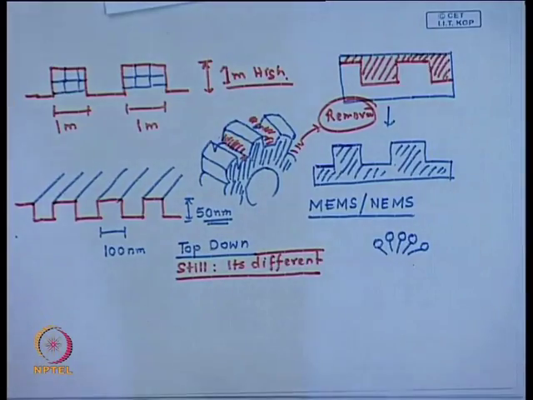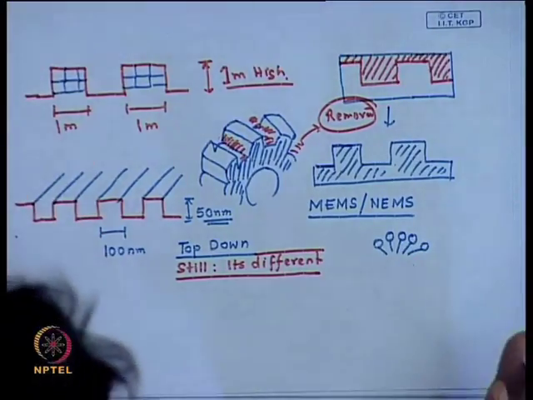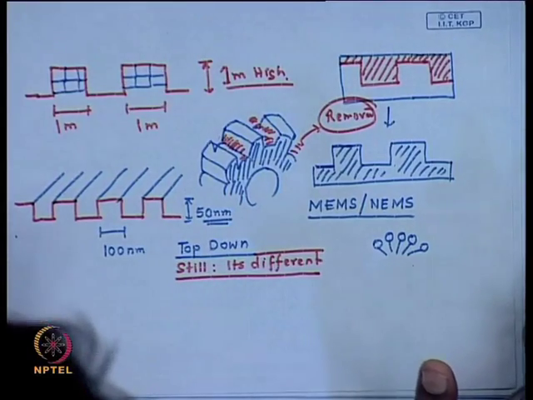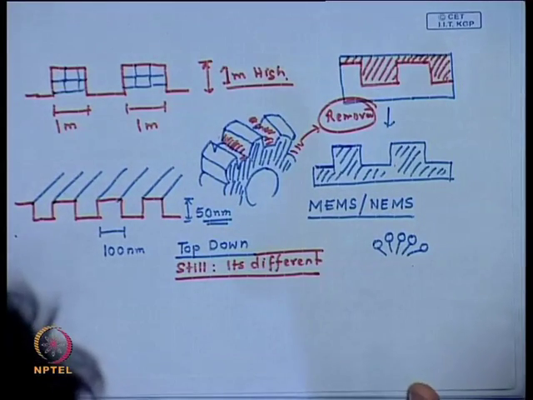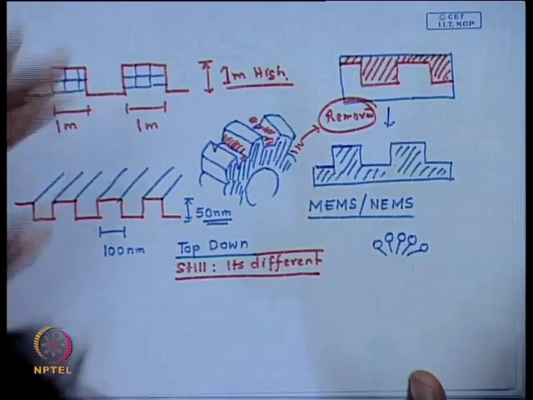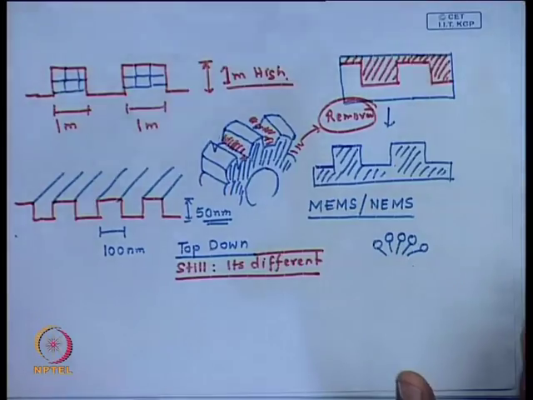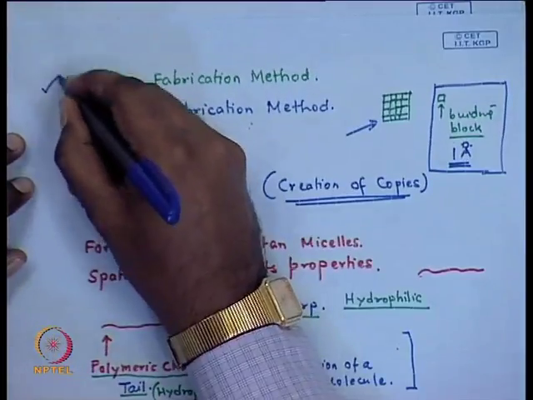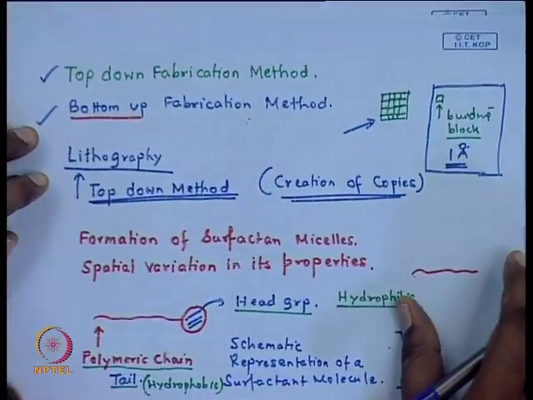Based on the discussion up to this point, we should sum it up in this way: probably you understand by now what exactly is the top down fabrication method and what exactly is the bottom up fabrication method.